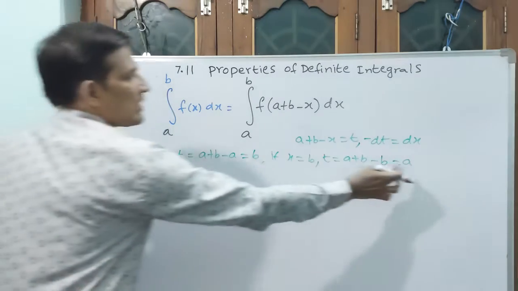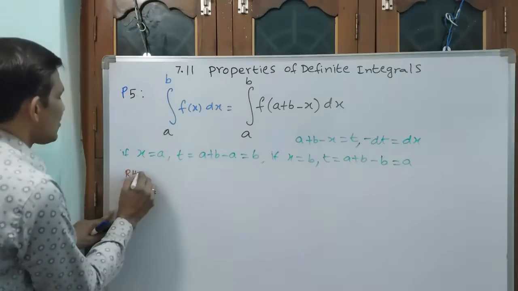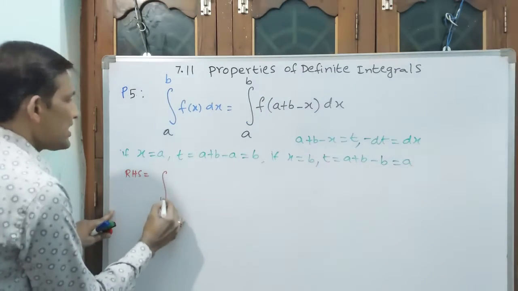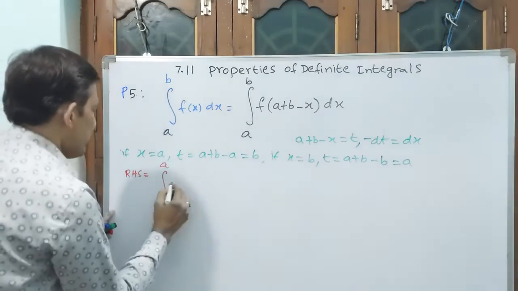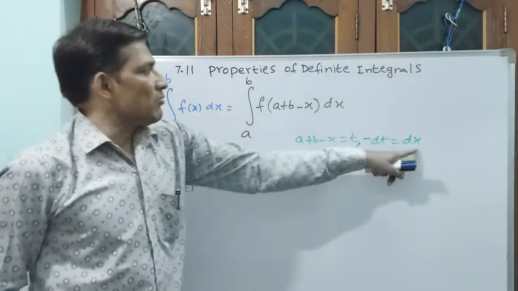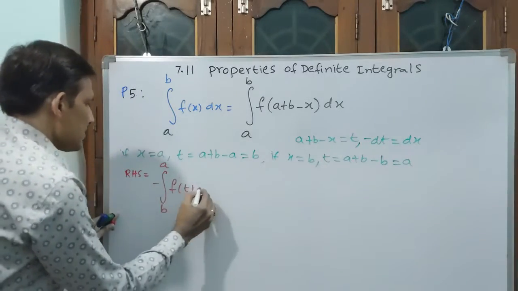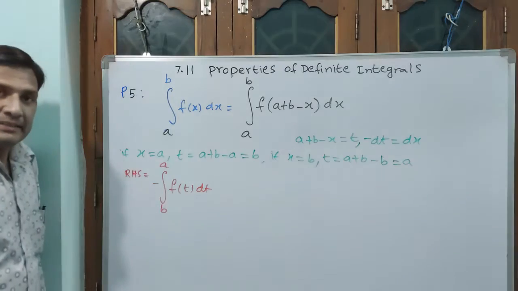Lower limit is b, upper limit is a. See how I am writing. This integral, the RHS I am taking, is equal to integral b to a, f of t, and also you see dx equal to minus dt. First of all, stop and analyze whether it is correct.